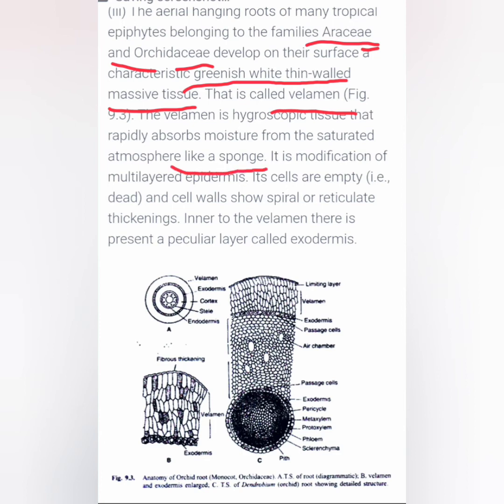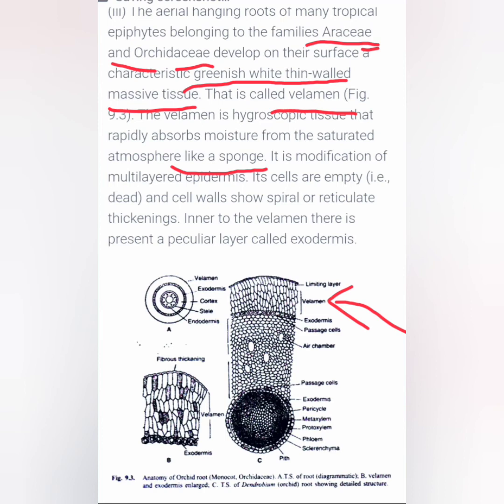So this velamen, as you can see here in this diagram, is nothing but a spongy tissue. It is a multiple layered epidermis known as a velamen, and it consists of non-living compact cells.